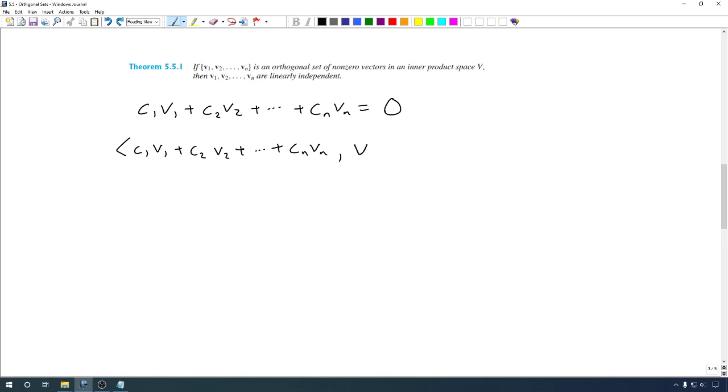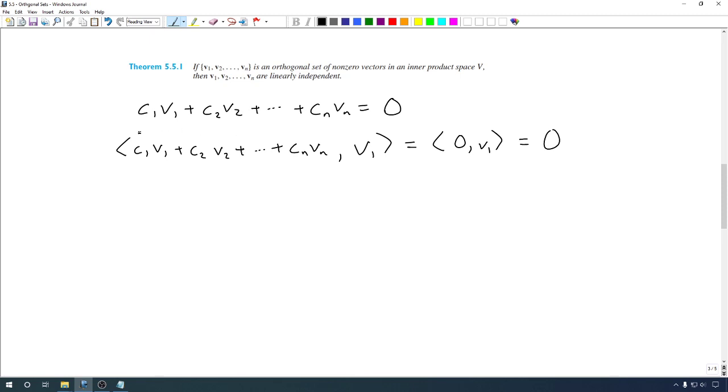Technically here we had the 0 vector, and we had to take its inner product with v1, but of course the 0 vector's inner product with any other vector just gives the number 0.